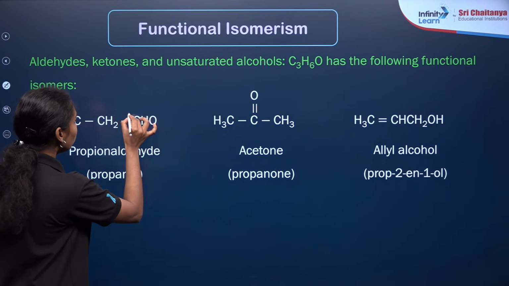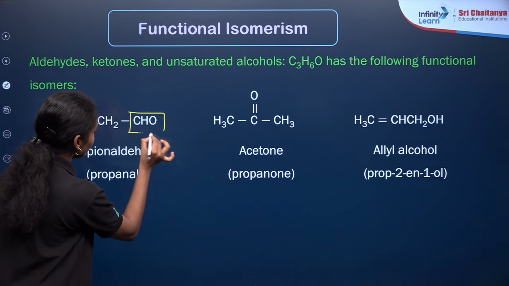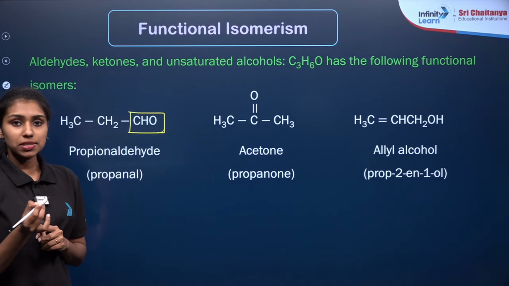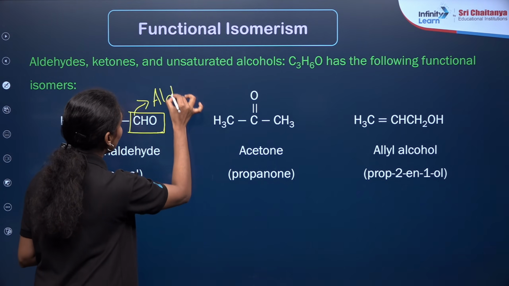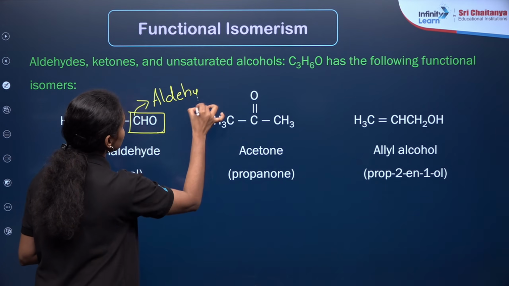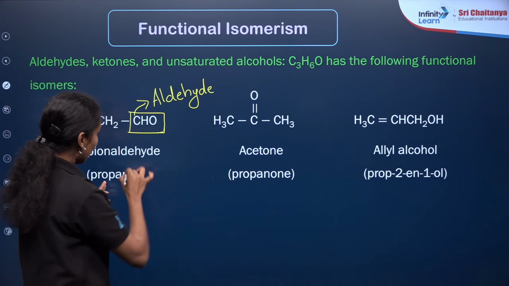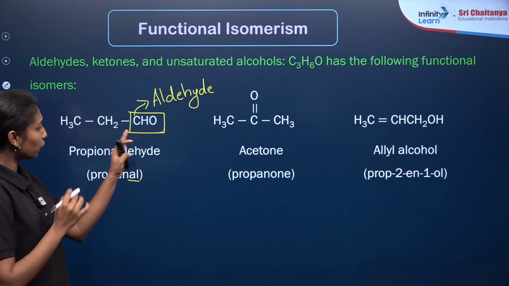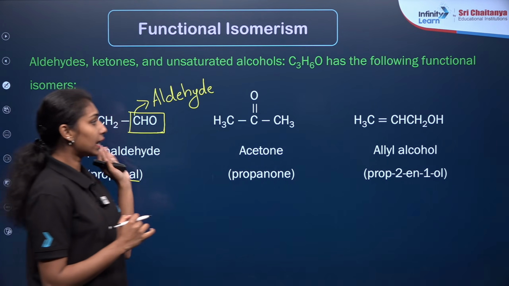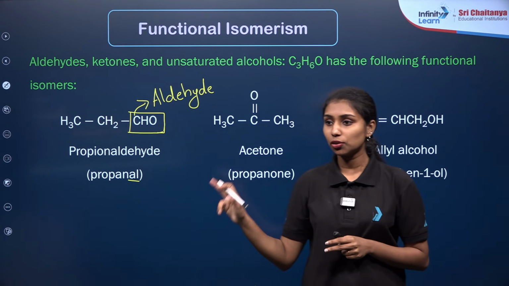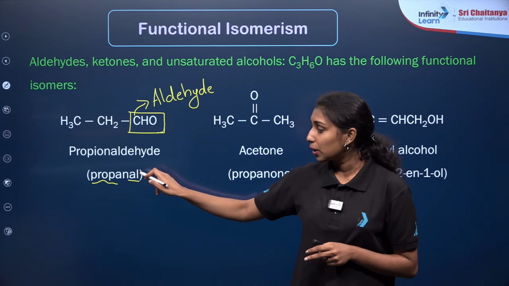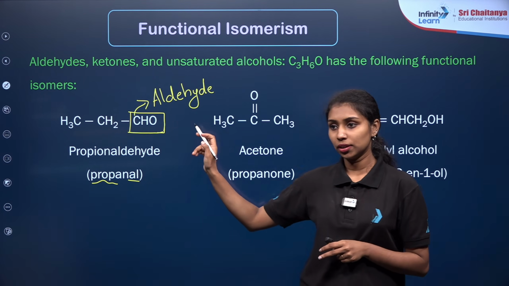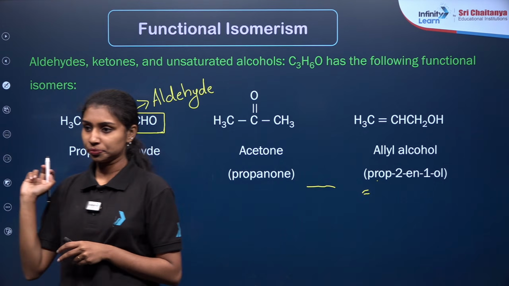As we already know, CHO is the functional group. This functional group is known as the aldehyde, right? In order to give the name for the aldehyde group, we use the suffix 'al'. So we need to identify the longest chain containing carbon atoms. Here it is 3, so the word root will be prop, and the suffix will be 'al' because it is the aldehyde group. I hope you understand.